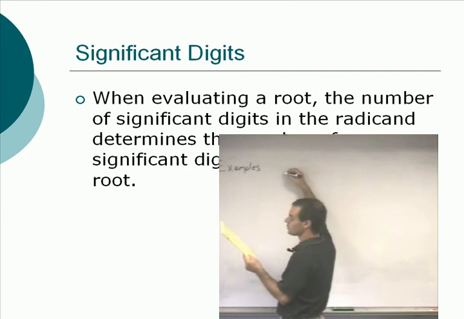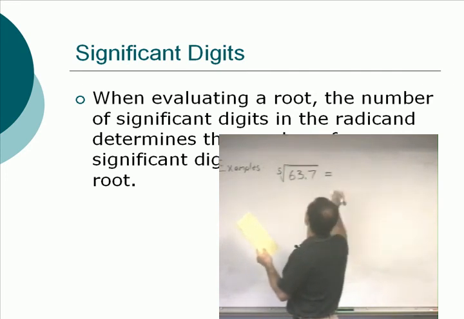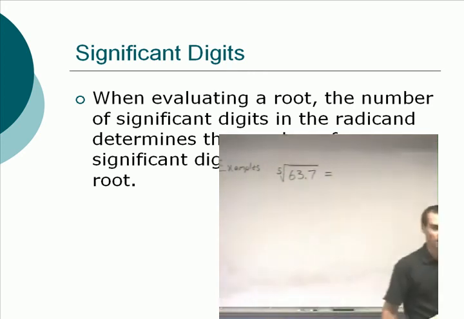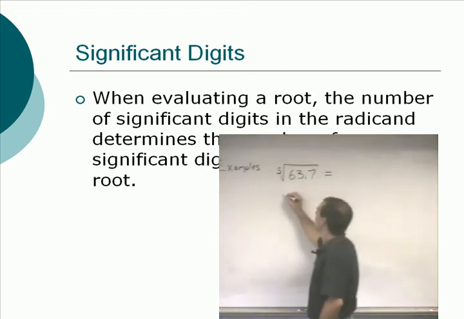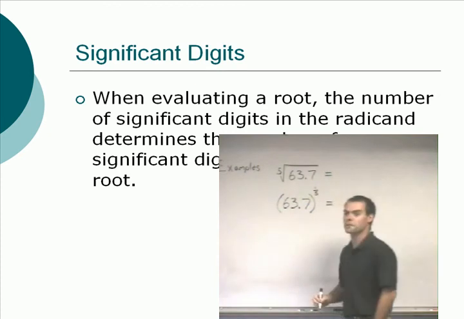Let's evaluate these with the proper number of significant digits. Let's take the fifth root of 63.7. And then after you do that one, I'd like you to evaluate 63.7 to the 1/5 power.